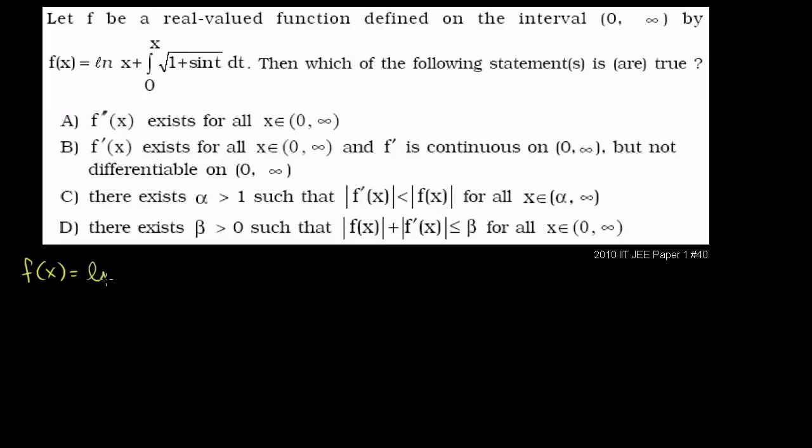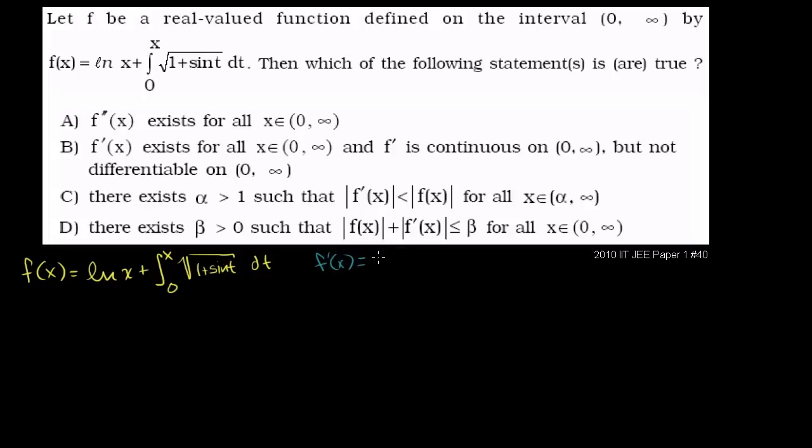The function f is equal to the natural log of x plus the definite integral from 0 to x of the square root of 1 plus sine of t dt. The derivative of f, so f prime of x, is going to be equal to the derivative of the first term.